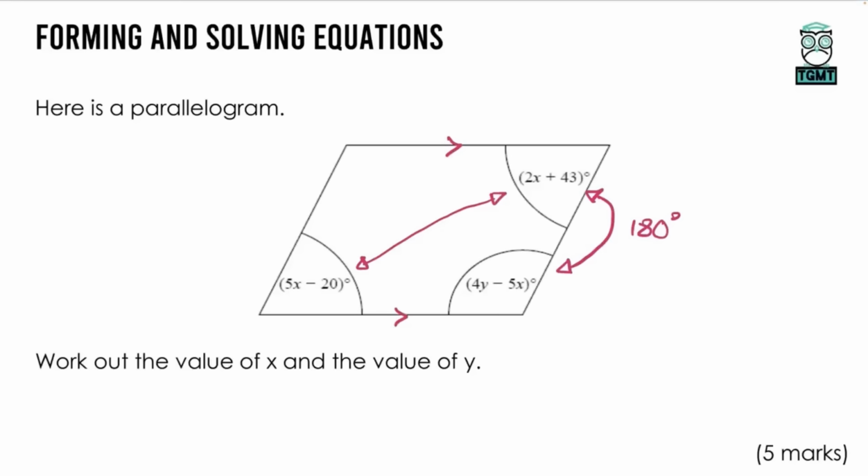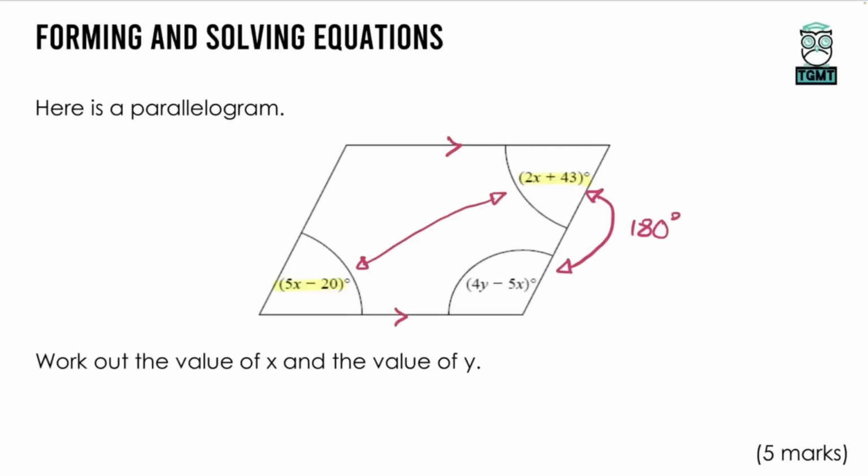From there, we just need to be good at solving equations. So here we are given two options. We can either make an equation where we say this angle and this angle are equal, or we can make an equation where we say this angle and this angle are equal to 180. However, that option there leaves us with an x and a y in the equation. So we're going to start with these first two that just have x's in.